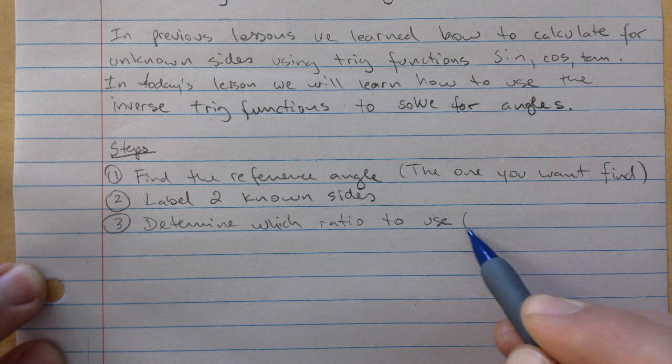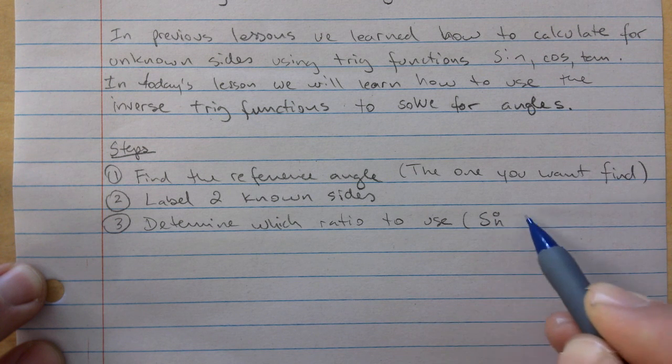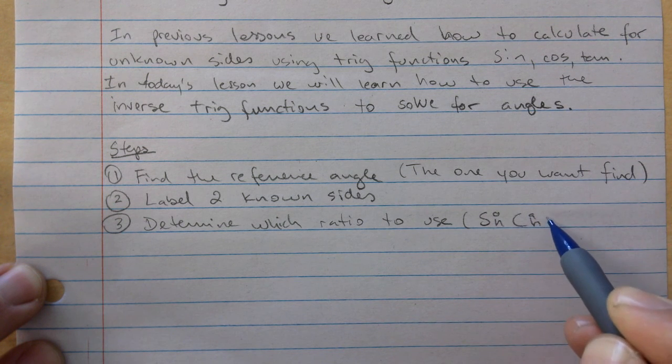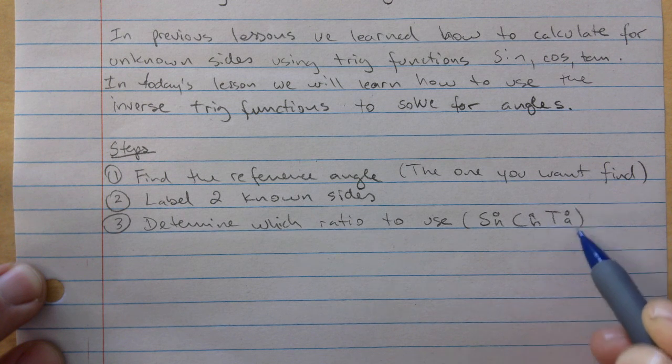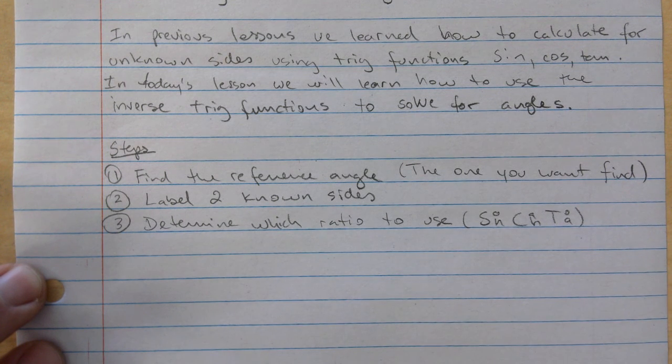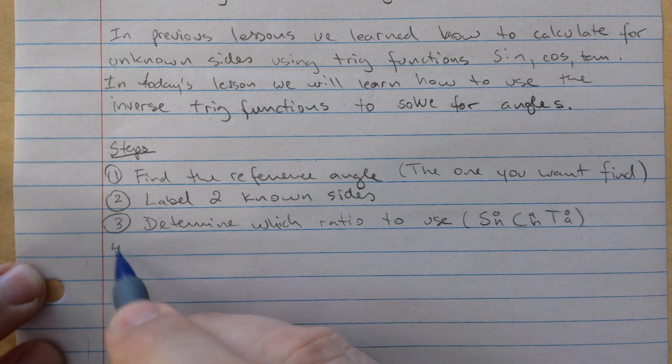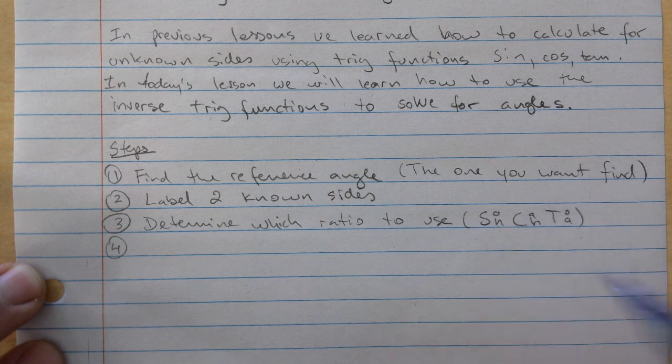So you have to kind of narrow it down, right? Is it a CA scenario or is it a TOA scenario, right? And that will narrow it down. You will only be able to use one. Okay, and that will be determined by the two sides that you label.